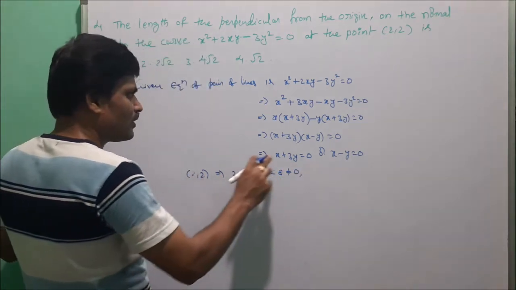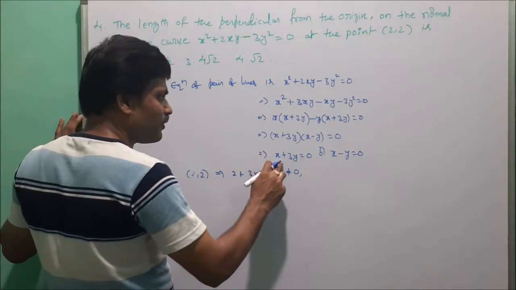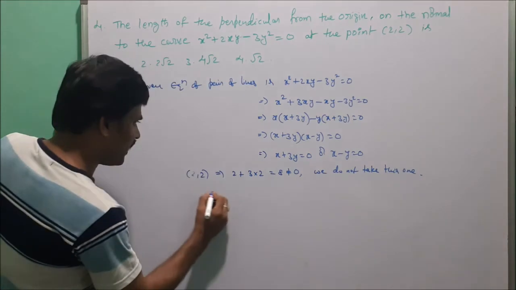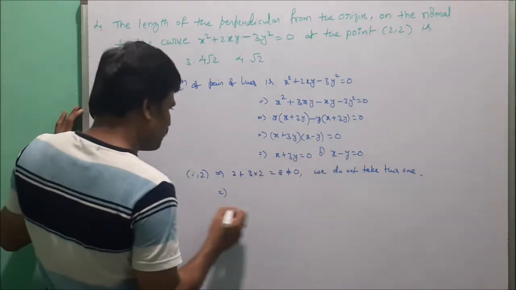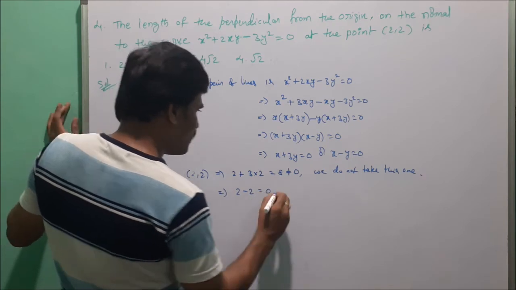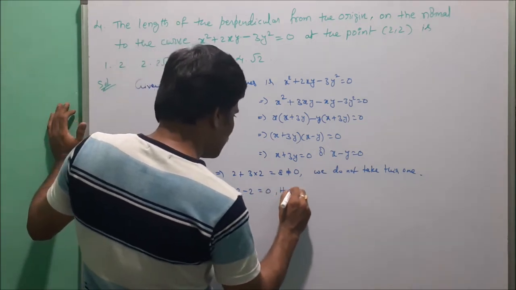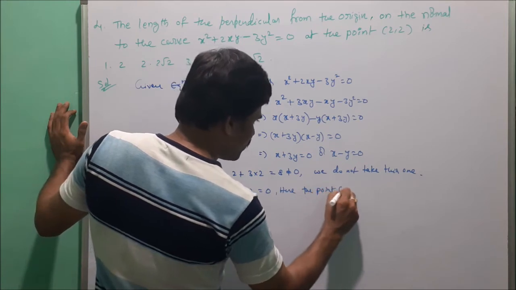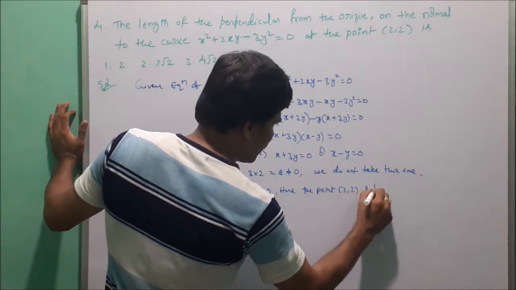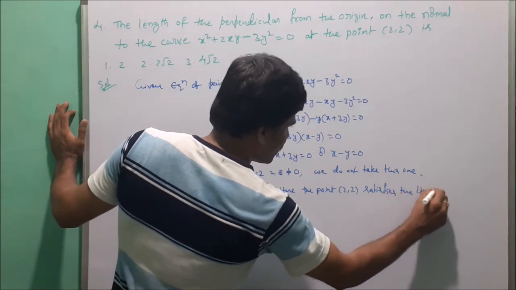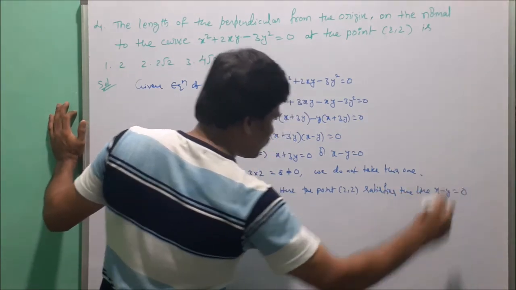Therefore the point does not satisfy this equation, so we do not take it. Similarly, substituting in the other equation, 2 minus 2 equals 0. So the point (2, 2) satisfies the line x minus y equals 0.